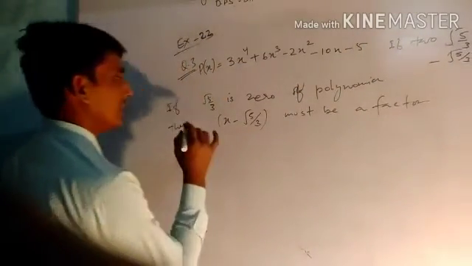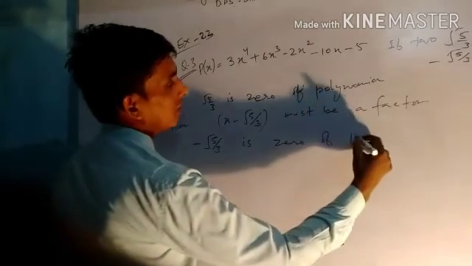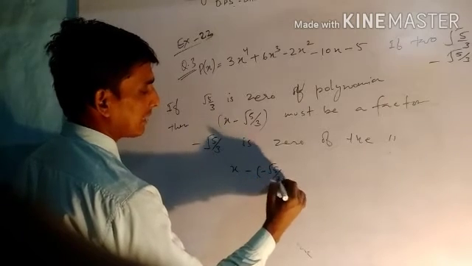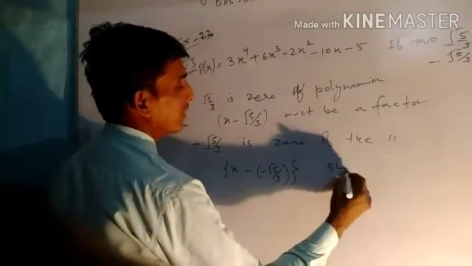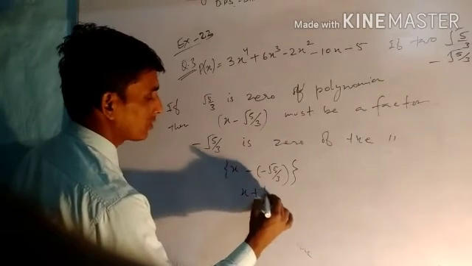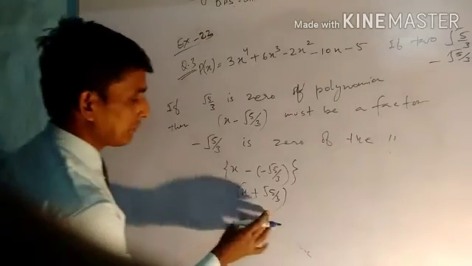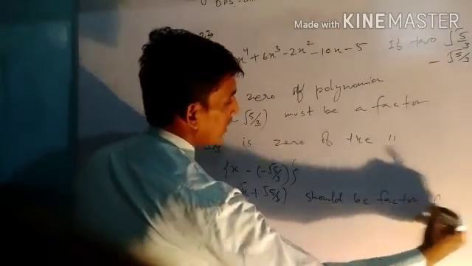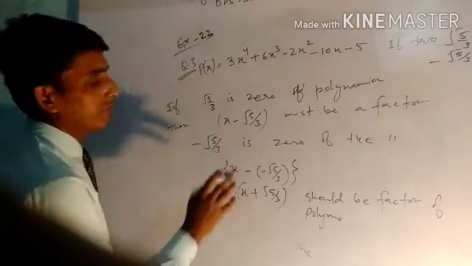Similarly, if minus root 5 by 3 is 0 of the polynomial, then x minus (minus root 5 by 3), so here it will become x plus root 5 by 3, should be a factor of the above polynomial. So these two should be factors of the polynomial.